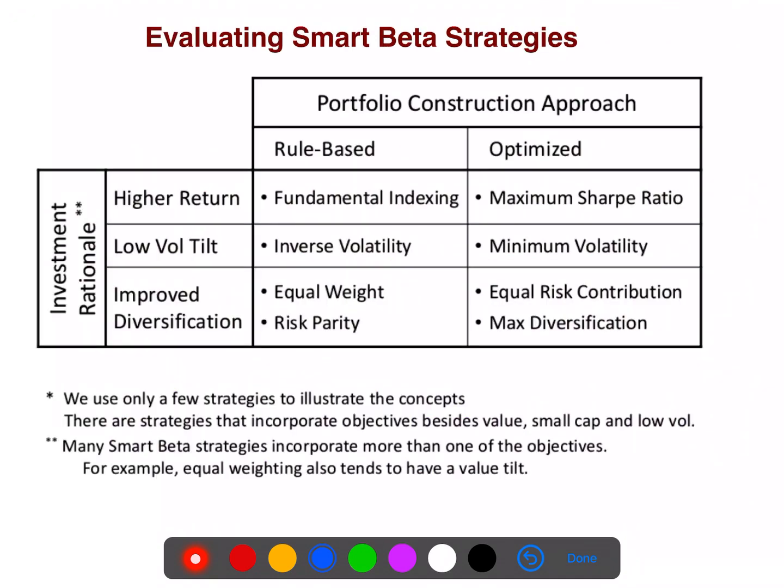And so if you just categorize portfolio construction approaches into rule-based and optimized, you will wonder why I've done this. Because, for example, my approach is a combination of this one and this one.